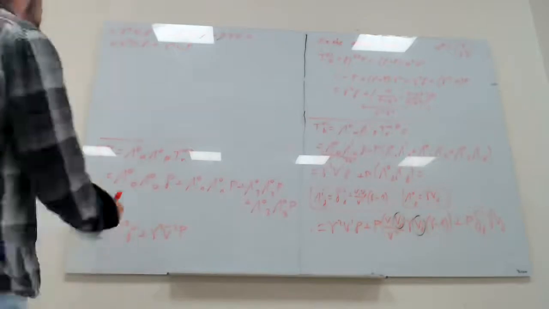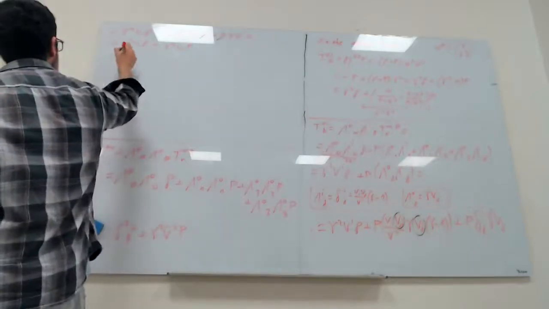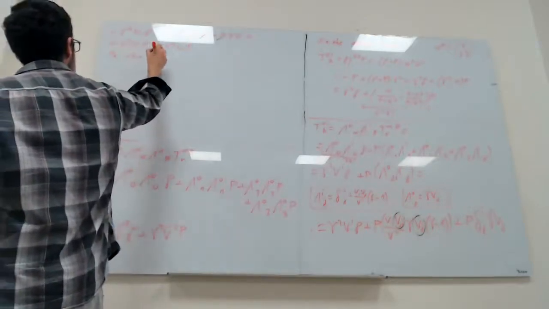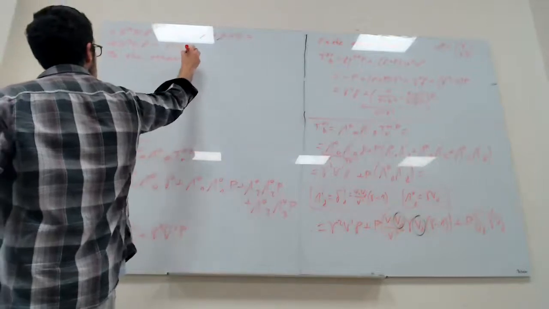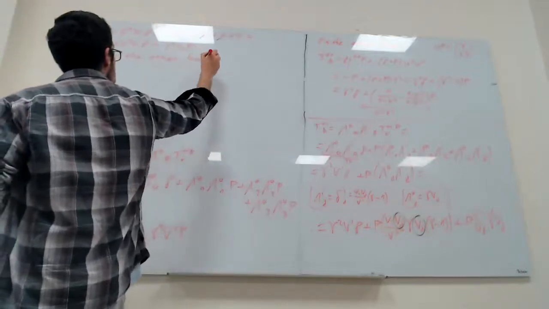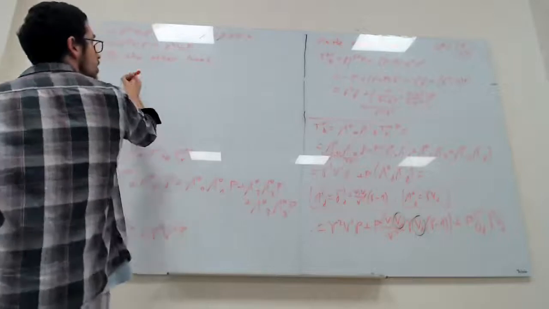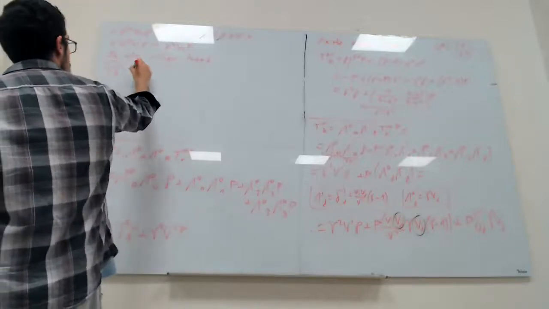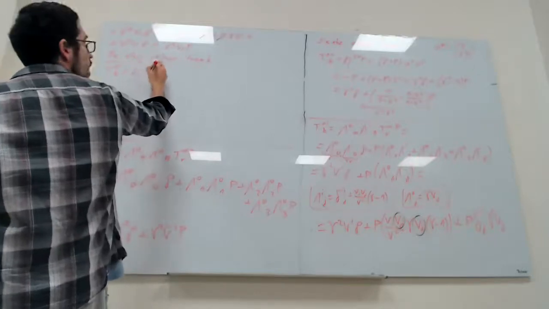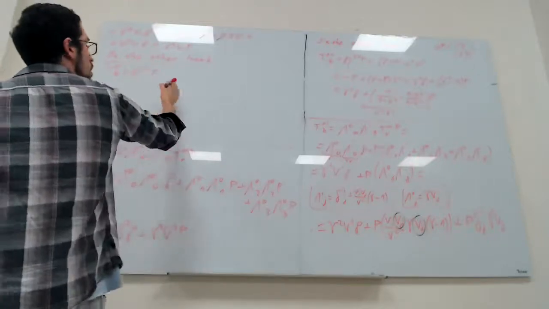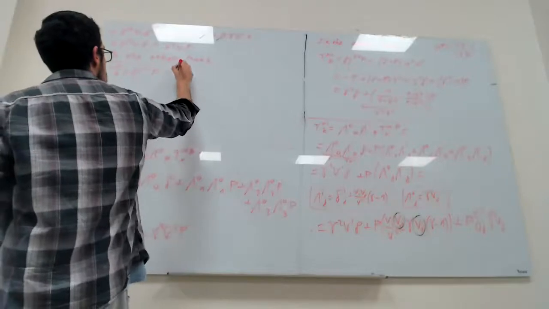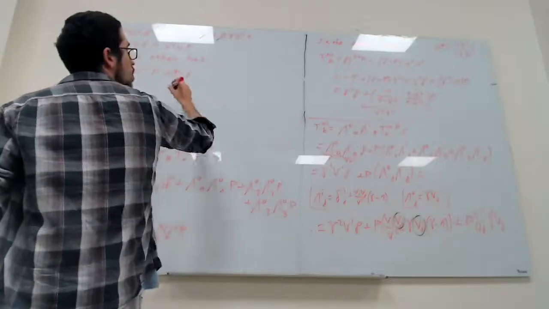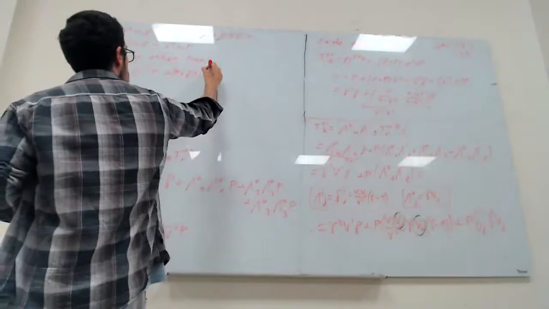On the other hand, we have T0IB equals eta 0IB times P plus rho U0 U pi.